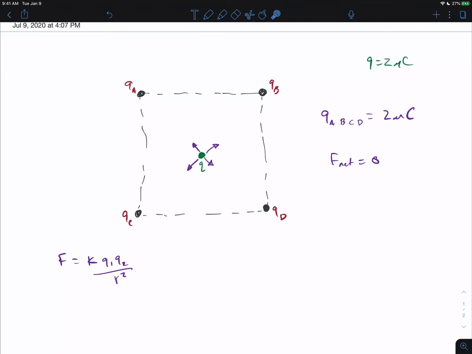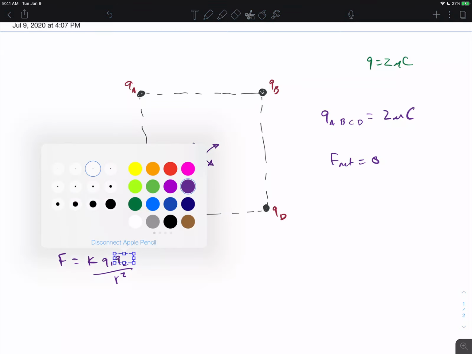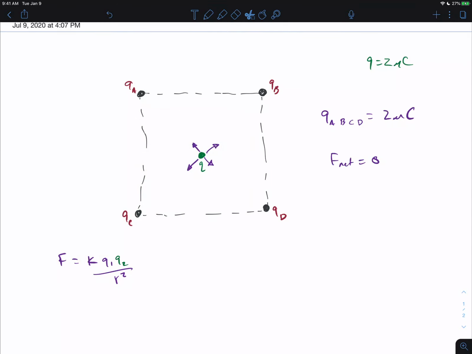In this example, my Q2 we can just refer to as Q, this Q here. And my Q1 is the only thing that is changing. This is A, B, C, or D, right? You can see right now all of these are going to be the same. And my R here is one thing that we haven't calculated yet. So let's go ahead and calculate that right now.